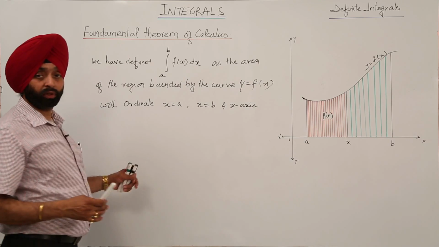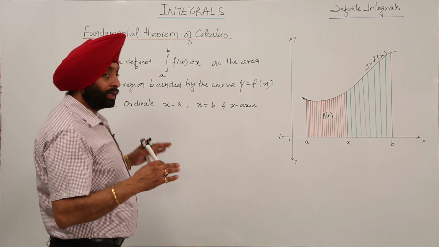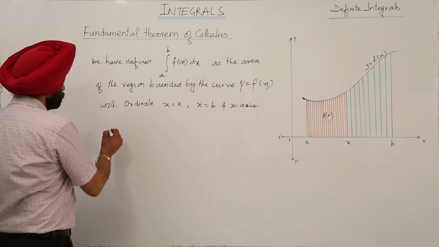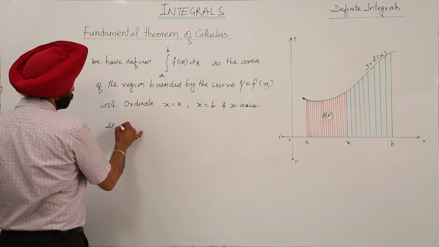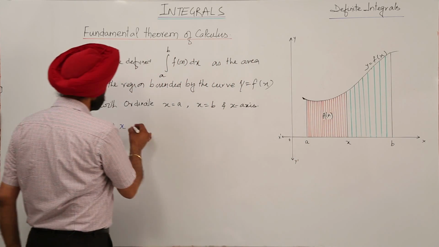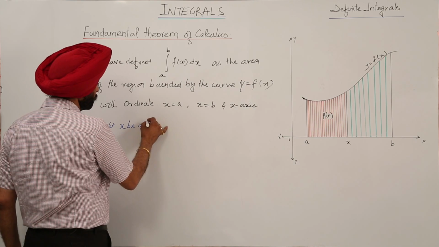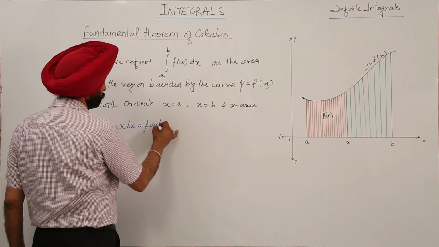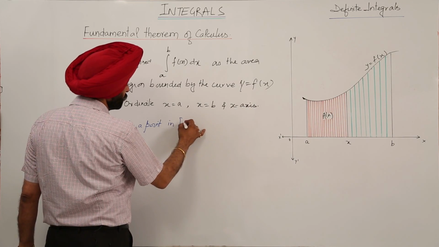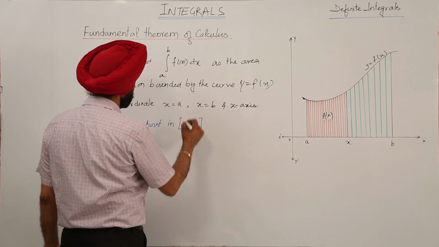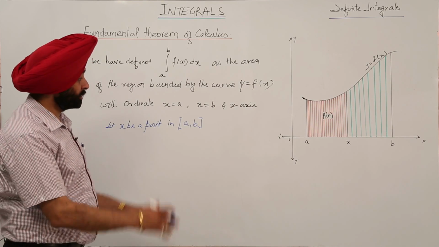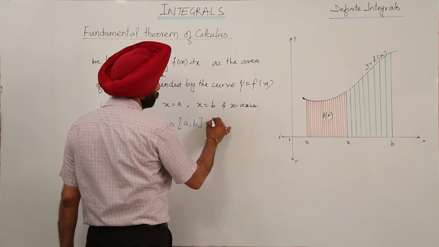Now, basically let's define it in a more sophisticated way. Let x be a point in the interval (a, b), and naturally it is on the x-axis.